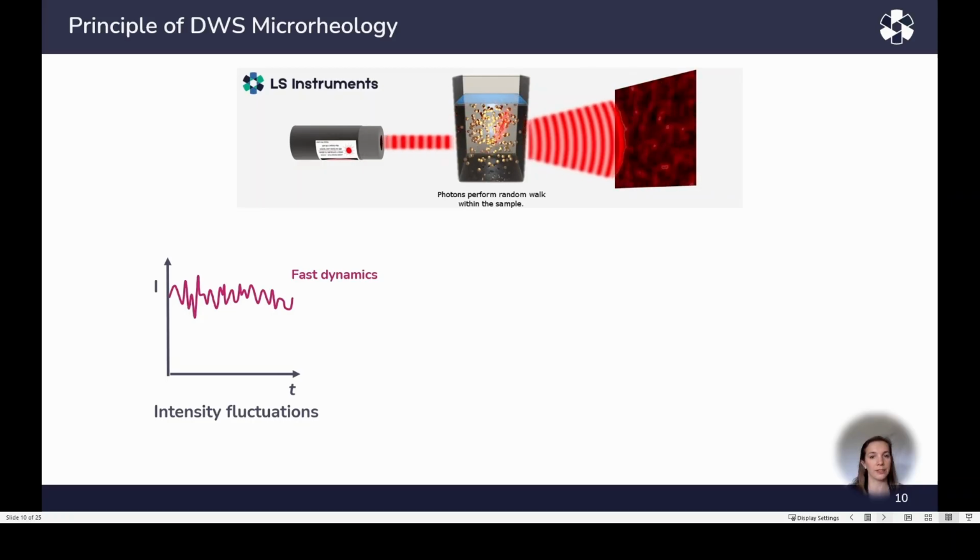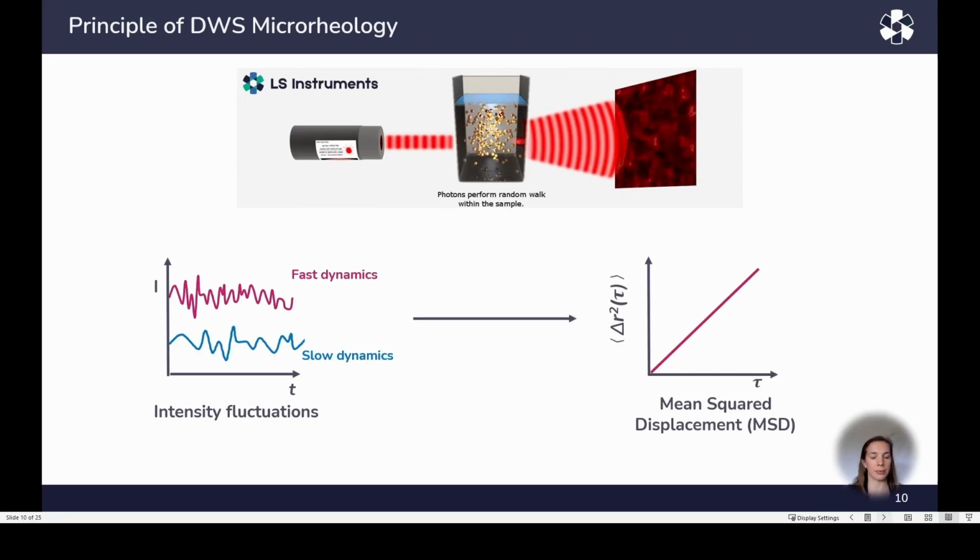Faster intensity fluctuations are the result of faster particle motion, and a steeper slope is seen in the mean squared displacement curve. Conversely, slower measured fluctuations relate to slower particle motion, and therefore a shallower slope with less displacement versus time is seen.